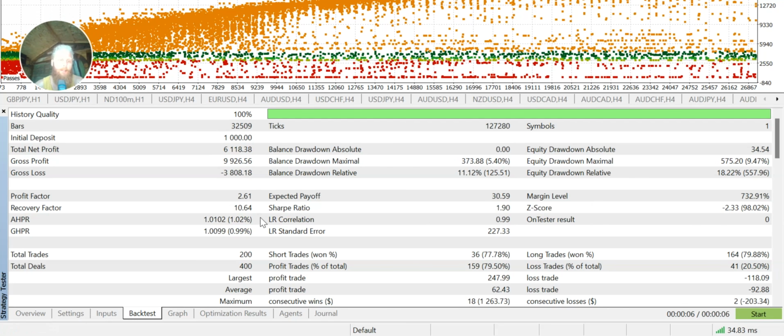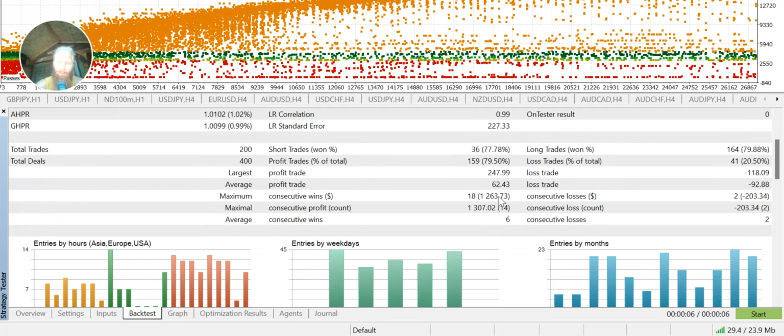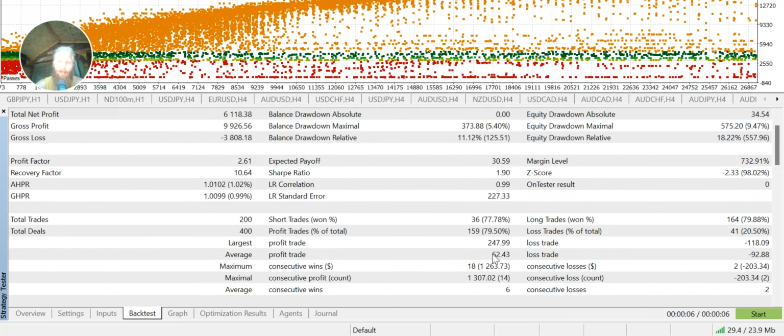Here you can see the NZD USD results, around 5% drawdown, 600% gain, 5 years of testing, around 80% win rate, and around the same kind of largest profit trade and loss trade ratio.